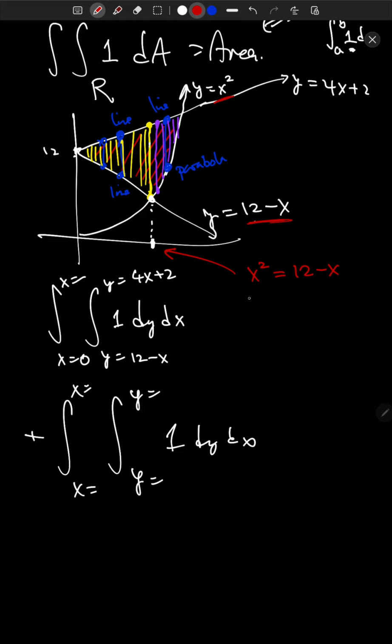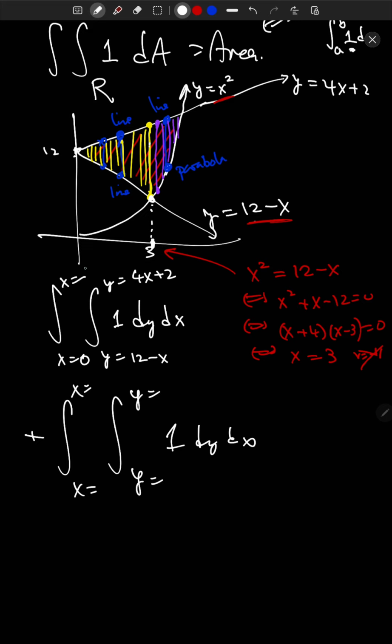And so x squared plus x minus 12 is going to have to be 0. And so x plus 4 times x minus 3 is 0, and so x is equal to 3. x equals minus 4 we don't want because that doesn't live in the first quadrant. So that point right there is x equals 3.